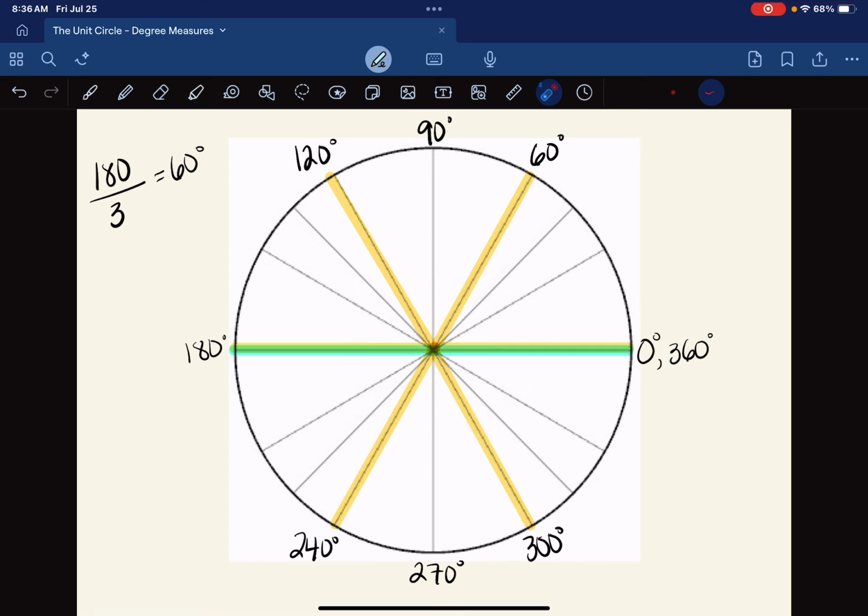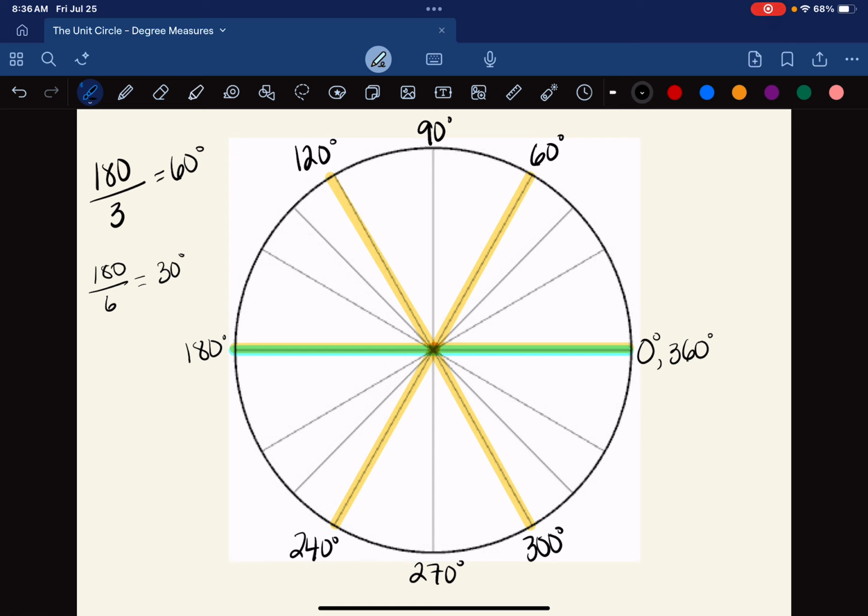Now, 180 is also evenly divisible by 6. So we can cut those 60-degree measures in half again. And 180 divided by 6 gives us 30 degrees. So I can take each of those 60-degree chunks and cut those in half. So let's do that.